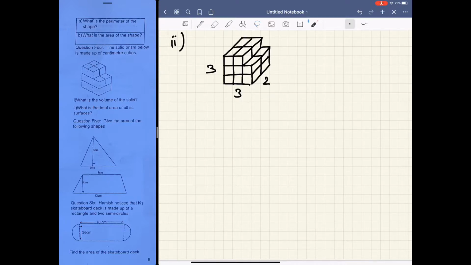So we've got to keep in mind this surface area along here, this one here, and obviously behind it as well. So it goes down right behind it here. So how would we calculate this?